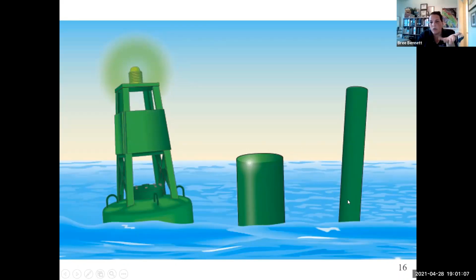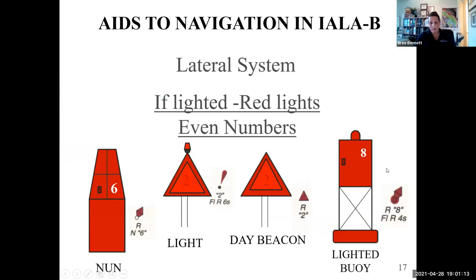You have the cylinder or pillar buoy, kind of squared off even though it's a circle. Your ones on the right side are going to have more of a triangle, pointy shape, and that's your nun buoy, which isn't exactly pointy, it's flat on top, but in general, if you think pointy, that's your right side.